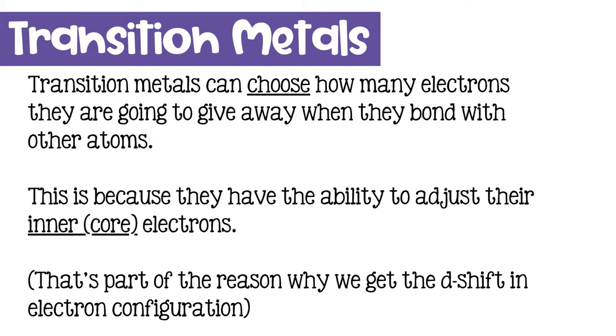This happens because they have the ability to adjust the inner core electrons by moving electrons between d and sp orbitals. That's part of the reason why we get the d shift in electron configurations, because transition metals move their electrons to be more energetically favorable for them.